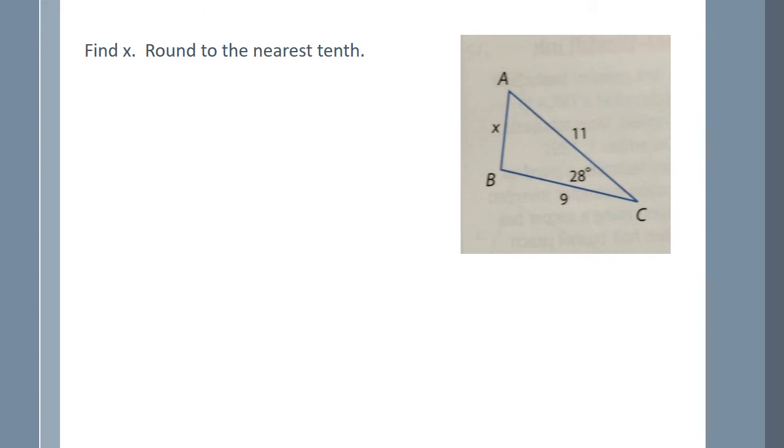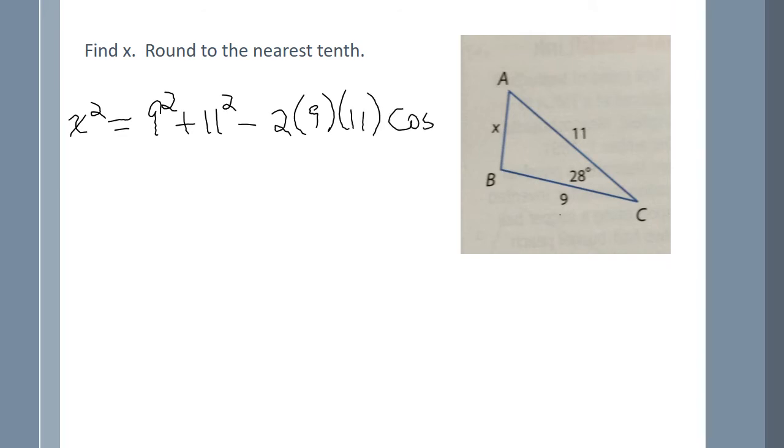So x squared equals 9 squared plus 11 squared minus 2 times 9 times 11 times the cosine of 28.